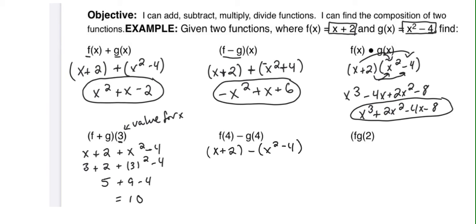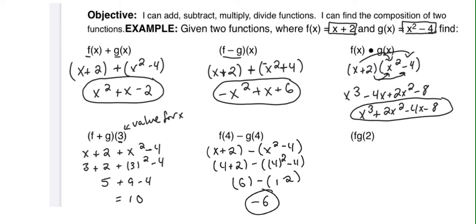We're going to plug in 4, so we get 4 plus 2 minus 4 squared minus 4. So we get 6 minus, 4 squared is 16, minus 4 is 12. Therefore, 6 minus 12 is negative 6.